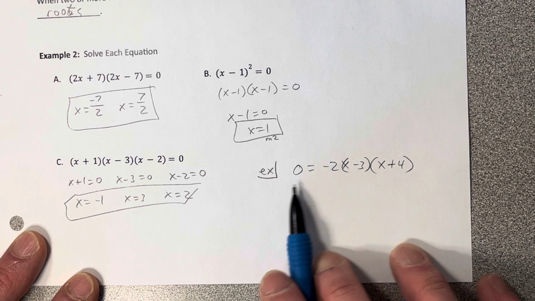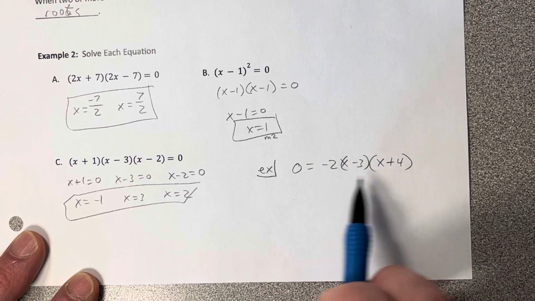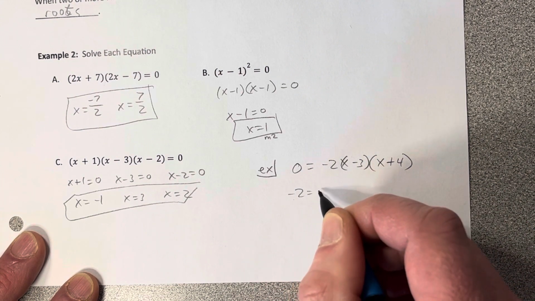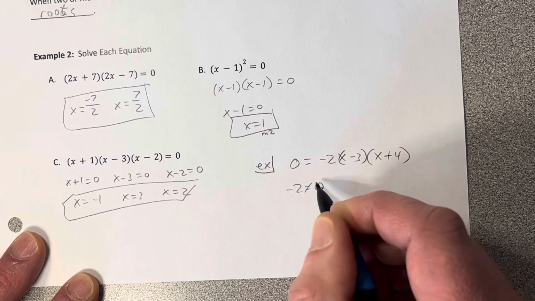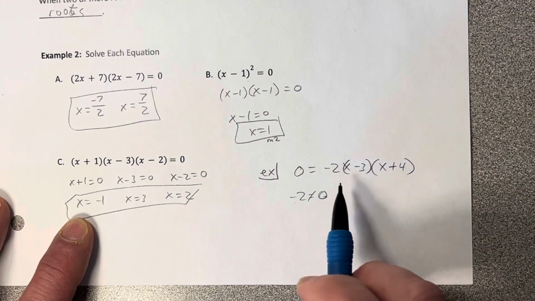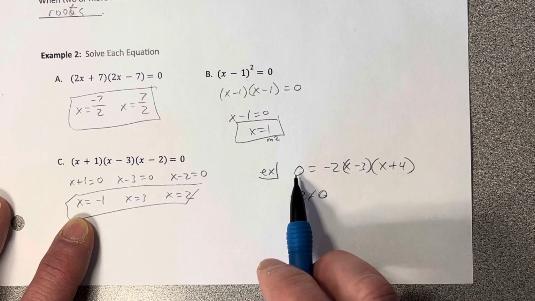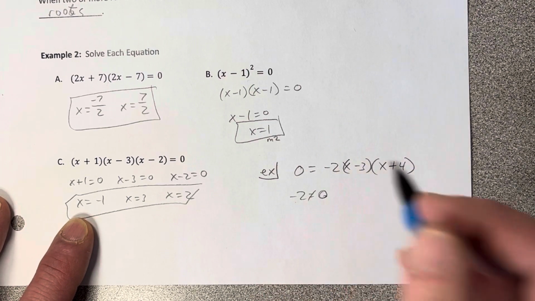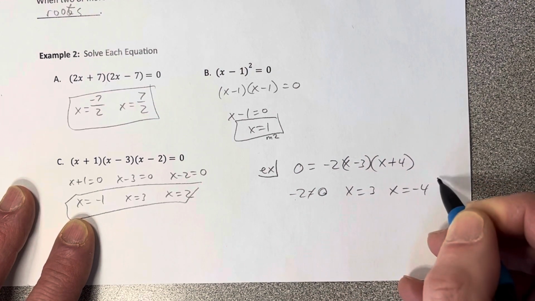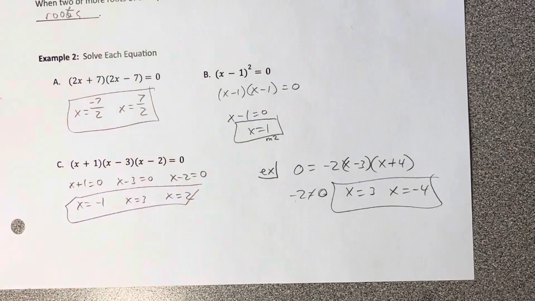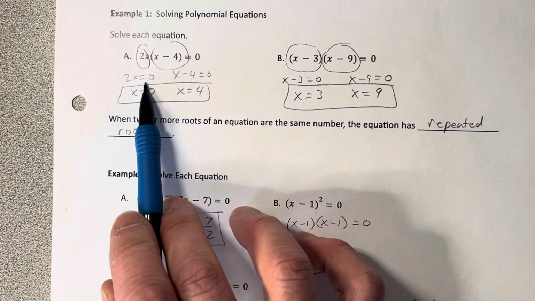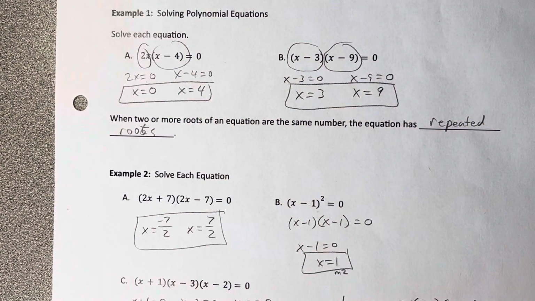I wanted to talk about this before I let you go, because you can do the zero product property, but negative 2 cannot equal 0. So that doesn't get you an answer there. The negative 2 doesn't help. As a matter of fact, if you wanted to, you could divide by negative 2 and get rid of it. But you'll still have x equals 3, x equals negative 4 when you set those equal to 0. I just wanted to point that out. If you have a variable, of course, you'll get an answer, usually 0.